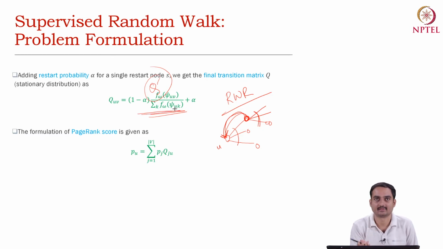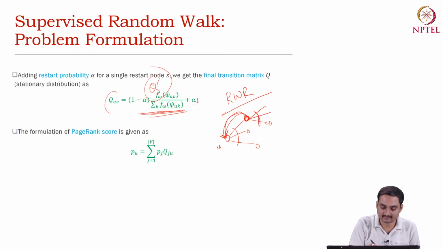So this part is the random jump part. But this part is the part based on which you choose one of the outgoing edges, and this is alpha. So alpha, 1 minus alpha, this is the damping factor we discussed in the case of PageRank. And this is alpha times 1, which means that you are only allowed to jump to the source node.